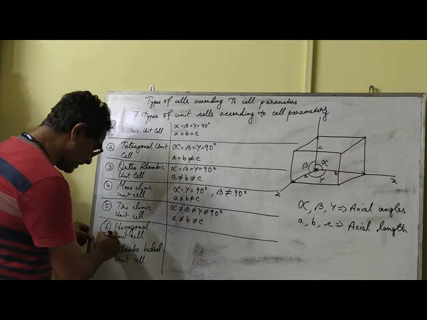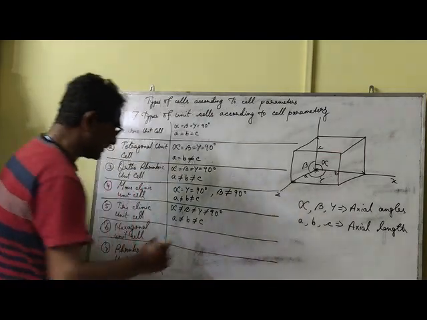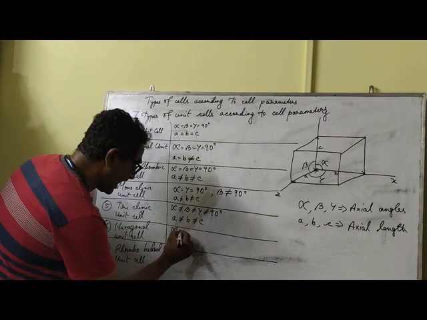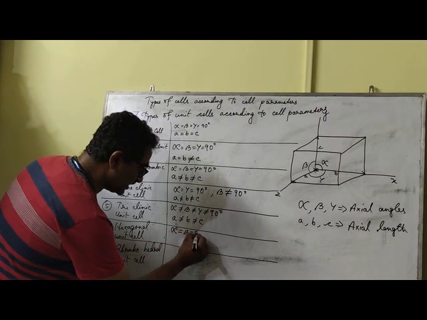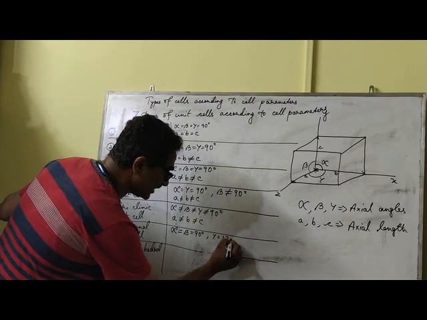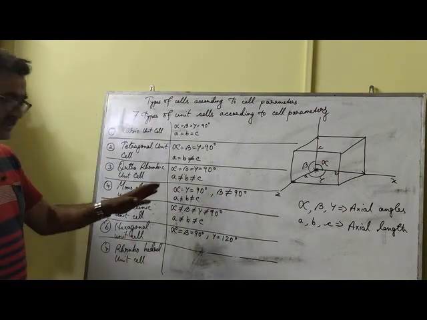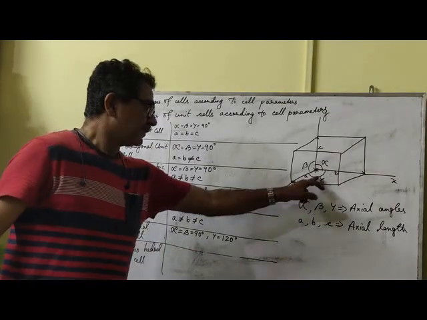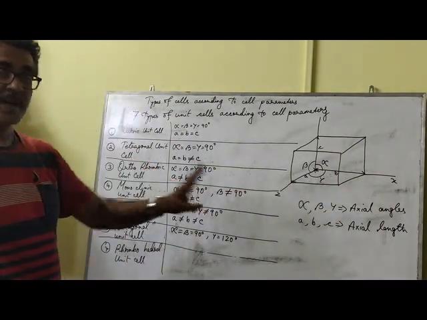The hexagonal unit cell, we have learned this just now. So here alpha and beta are 90 degree, no doubt regarding it. However, gamma is 120 degree. I already mentioned this before, since it's a hexagon.